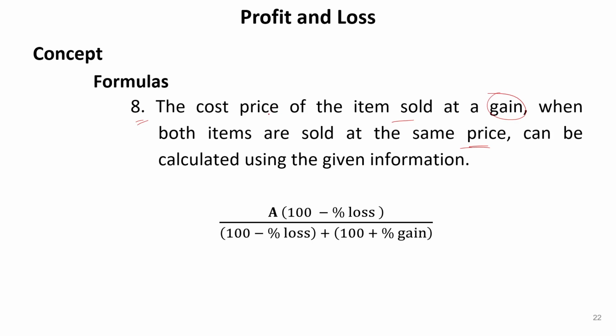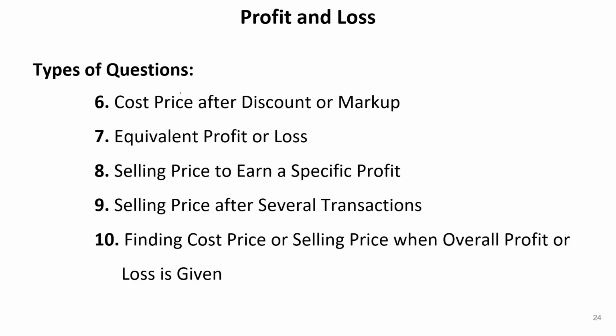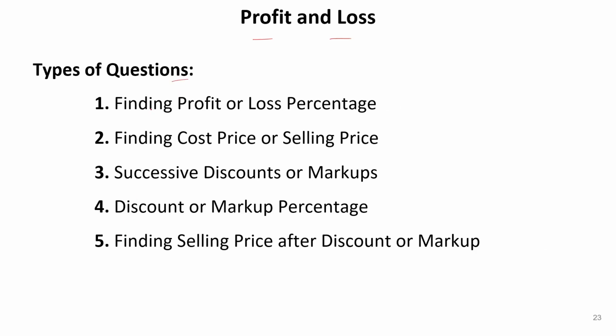So we have covered all the theory formulas, that is 8 kinds of formulas. So let's see what kind of problems are usually asked on the topic profit and loss. Okay, so the types of questions are naturally 10 types. In the first type, finding profit or loss percentage, and the second is finding cost price, selling price. Then the third is on successive discounts or markups. Okay, so the fourth is discount or markup percentage. The fifth one is on finding selling price or discount or markup.